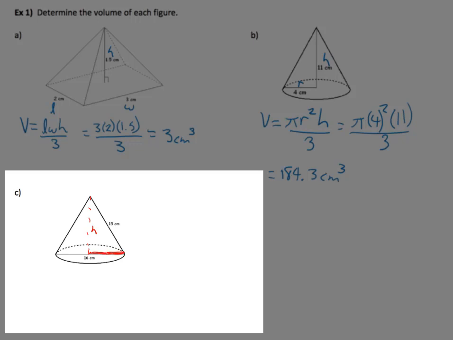But I am given the diameter. Well, we know diameter is equal to 2 times r, and we know this is 16 equals 2r. To get rid of the 2, we just divide both sides by 2, and we get 8 is equal to r. Okay, perfect. So we got one measurement.